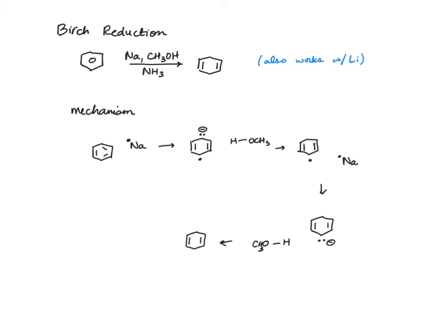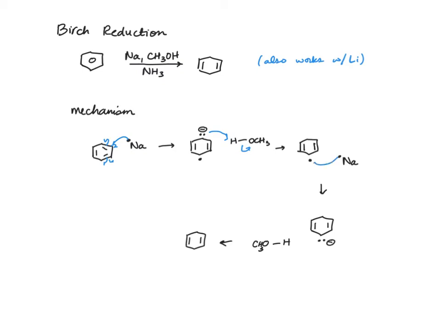In this mechanism, we have a reduction of the benzene ring so that we get a radical anion, and then this is protonated by methanol at the anion position, giving us a neutral radical.